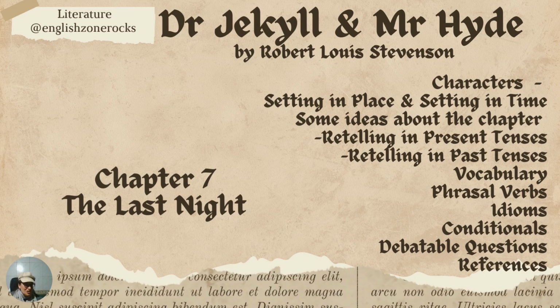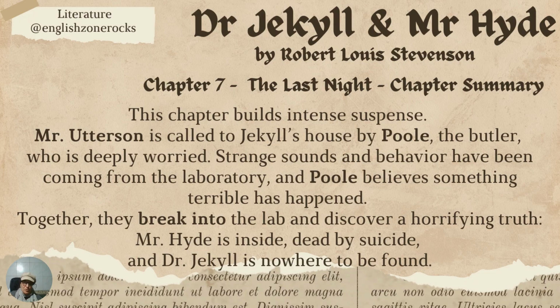We can have some conditional ideas. There are some debatable questions, and there's an exercise on references. But you need this edition of the book. This last exercise on references has to do with this edition of the book, Oxford University Press.